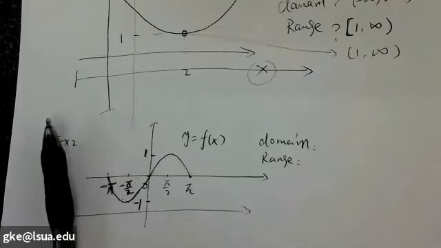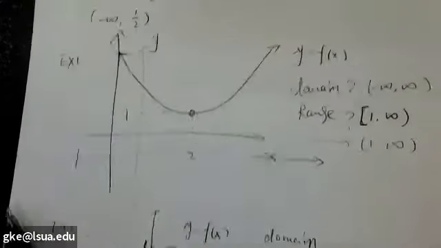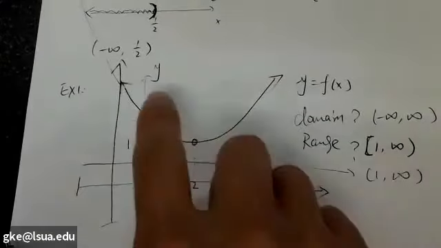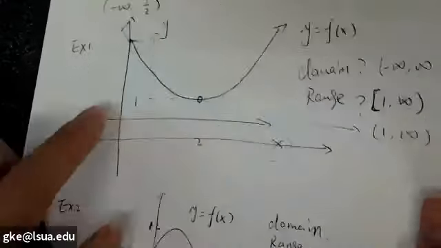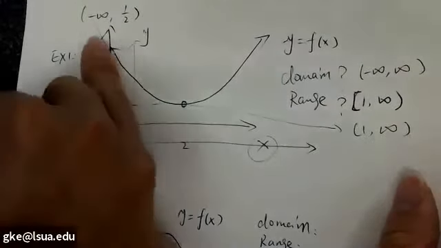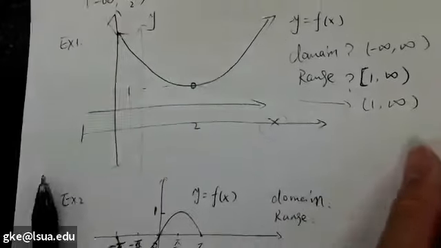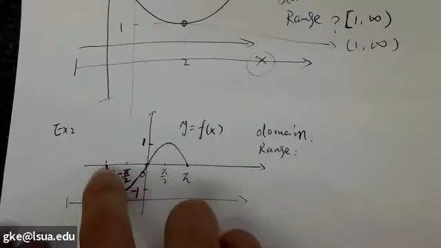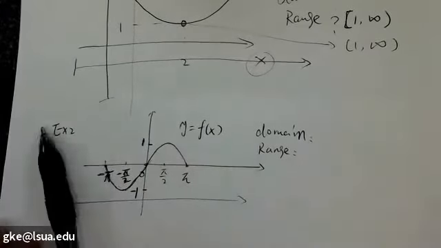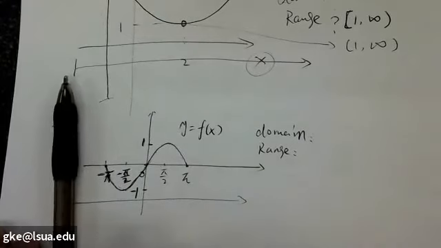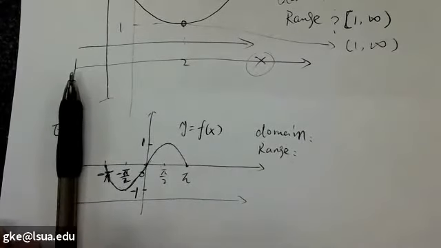Do you understand the difference between this example and this example? Here I use the arrow, which means this curve always goes up. And here I don't use the arrow, which means the curve stops here. So move this pencil or vertical line.